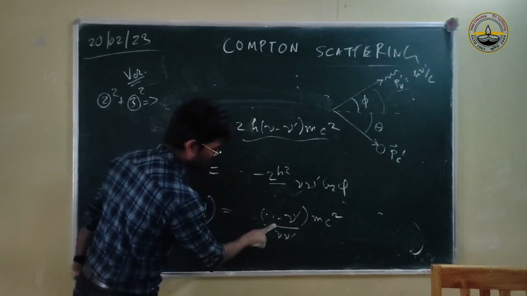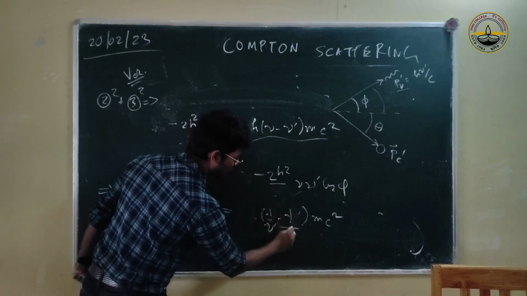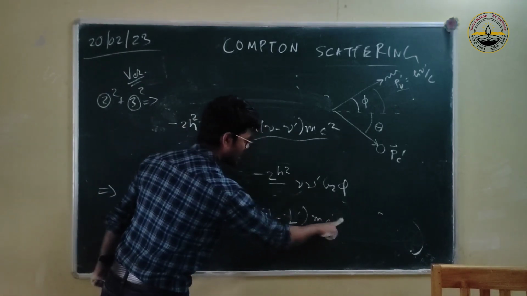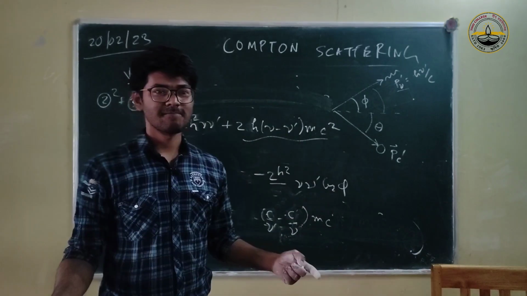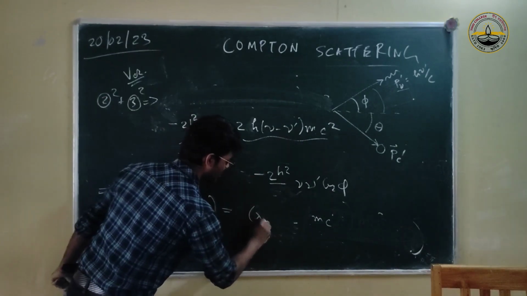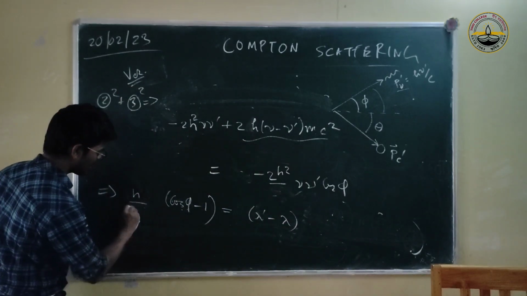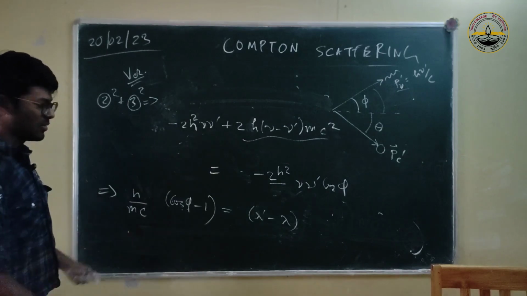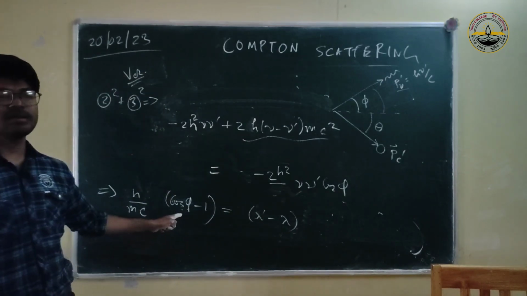So this will become 1 over nu prime. This will become 1 over nu. Take one c inside. What is c over nu? Lambda. Yes. Lambda prime minus lambda. Let's take mc on this side. And you have the final formula in terms of lambda and lambda prime and phi.